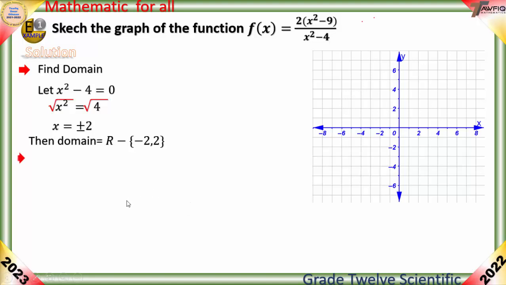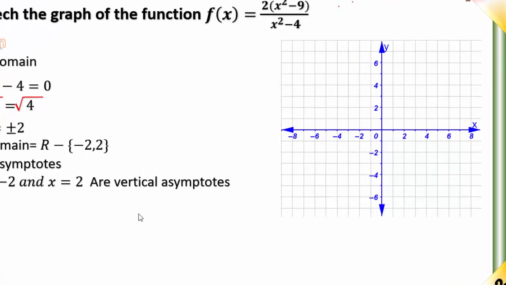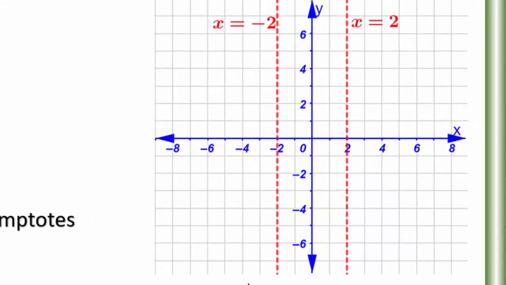To find asymptotes, x equal to minus 2 and x equal to 2 are vertical asymptotes. We draw these two vertical asymptotes, x equal to minus 2 and x equal to 2.